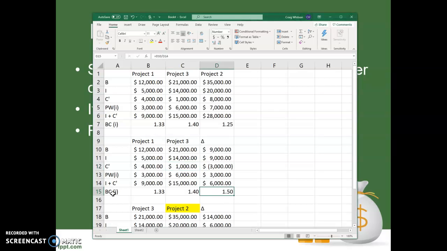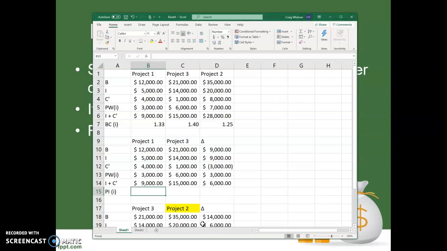In the previous example, we found the benefit-cost ratio of the projects. So really, I'm just going to change this last row here. Let's delete all that out of there. And instead of finding benefit-cost ratio, in this example problem, I'm going to find the profitability index, given whatever our interest rate happens to be.